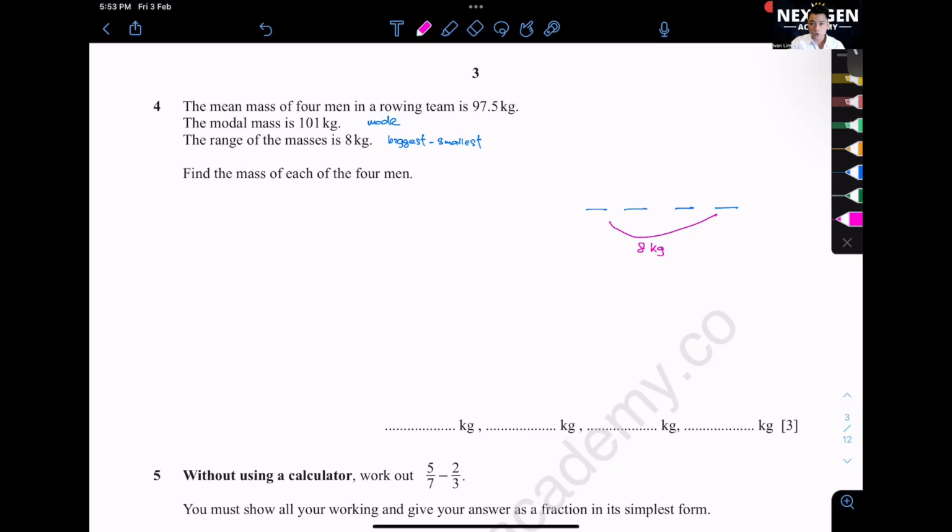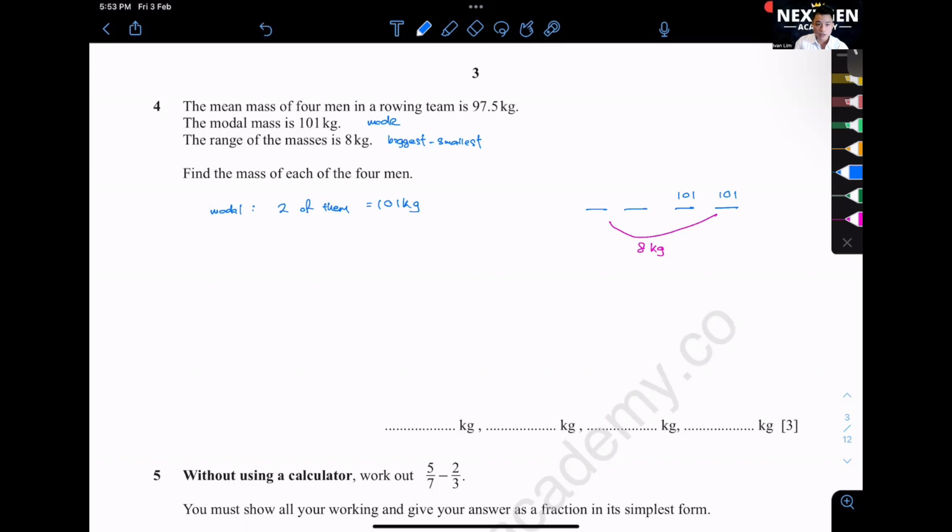Let's start with the mode. We put 2 of them, because there are a few different values, at 101 kg. So probably the 2 biggest ones are 101 kg. How do we know it's the biggest value?